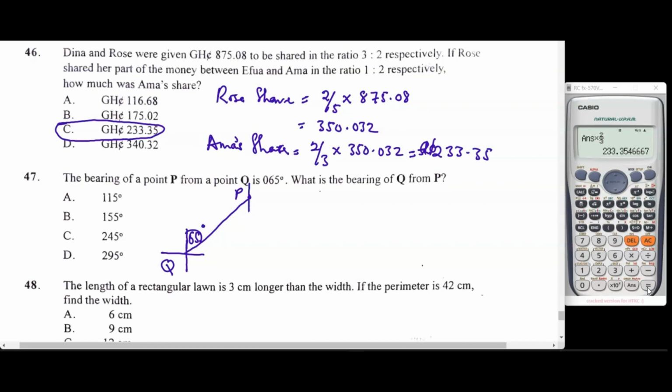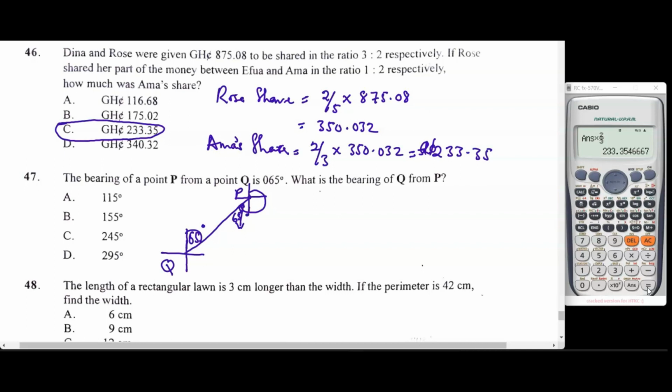So we draw the cardinal point and then read it from the North Pole in the clockwise direction until we hit here. So remember the angle here is going to alternate with the 65 degrees. So we have 65 degrees here, and we have some north to south pole which has not been considered.